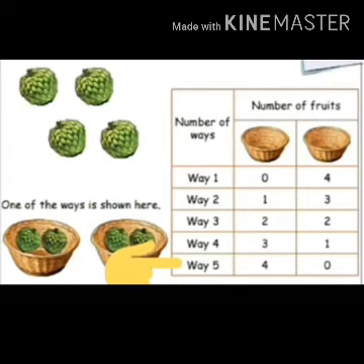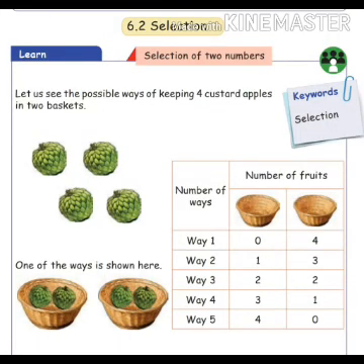Put 4 custard apples in the first basket and there are no custard apples in the second basket. Therefore, the number is 4 and 0. Totally, there are 5 possible ways of keeping 4 custard apples in 2 baskets.